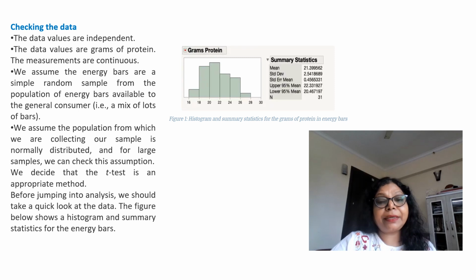The data look roughly bell-shaped, as you can see here, it is taking a bell-shaped curve. So our assumption of a normal distribution seems reasonable. From the summary statistics, we can see that the average is 21.40, which is above 20.